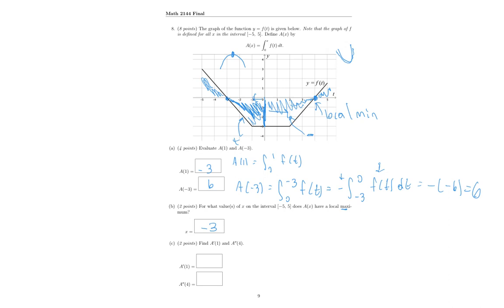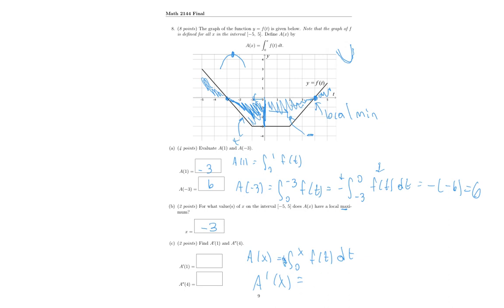Next, I want us to find f prime of 1 and f double prime of 4. Let's think about this. If we're given that A of x is the integral from 0 to x of f of t, then A prime of x is just the derivative.